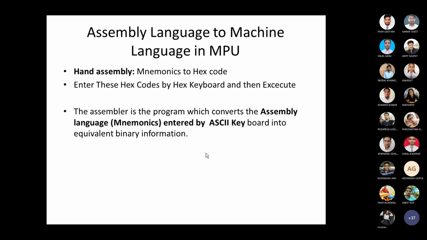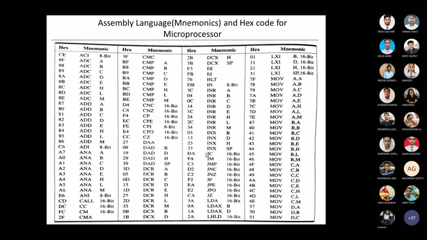So here we can see a lot of assembly language mnemonics and hex codes for the microprocessor. Just if we enter ACI from the ASCII keyboard, then what will happen? The simple mnemonic ACI will be entered, and then the assembler will generate the hex code CE for the microprocessor.